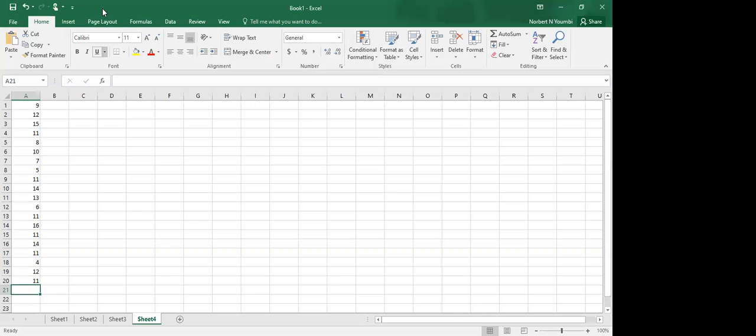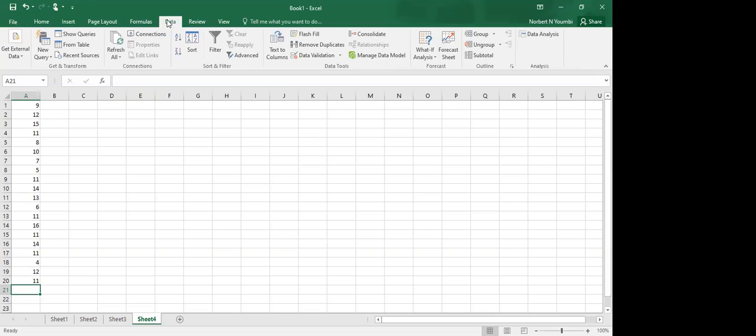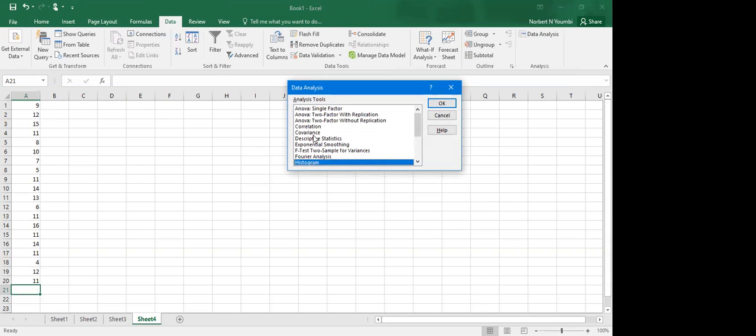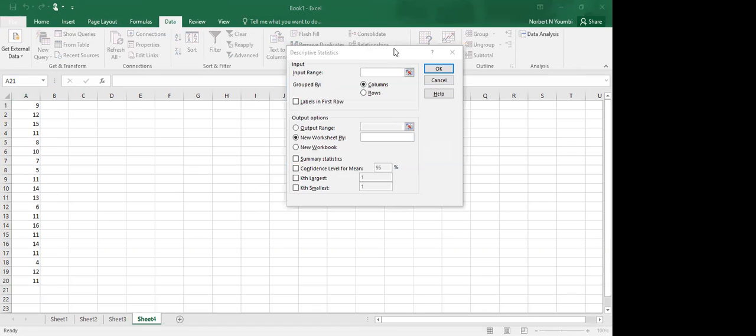To answer that question using Excel, we are going to use descriptive statistics or that data analysis. We go to Data and Data Analysis, then Descriptive Statistics. You can also use your calculator, of course. Then we will highlight the values from A1 to A20.